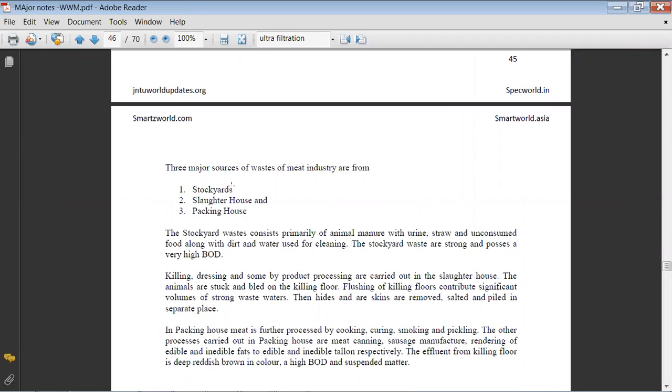Stockyards ante where the material is dumped, tons and tons of material.